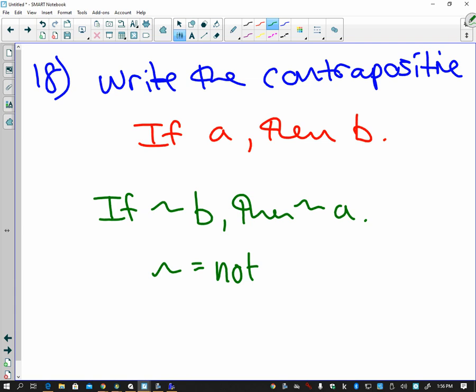Inverse applies negation. Contrapositive uses both the converse and the inverse, so it flips B and A and inserts negation.